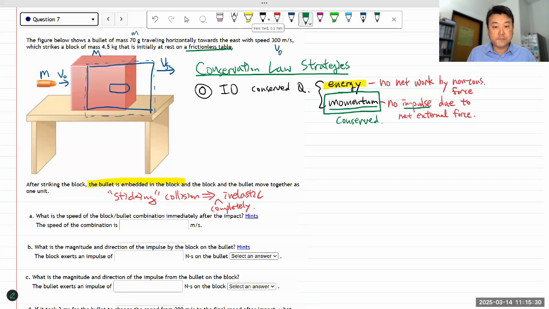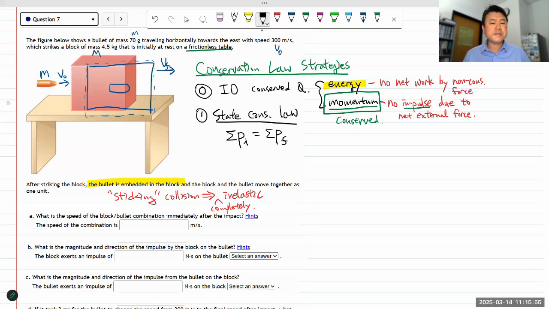Then the first and maybe the only step is you write down the conservation law statement. So state the conservation law, by which I mean you say the total initial momentum is equal to the total final momentum. And the rest, hopefully you remember the definition of momentum, and you can write those down in terms of the quantities that are in the problem.